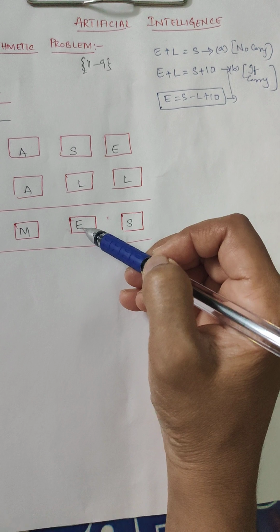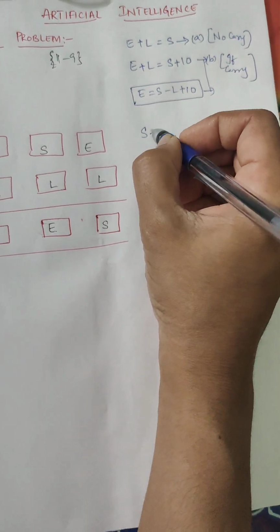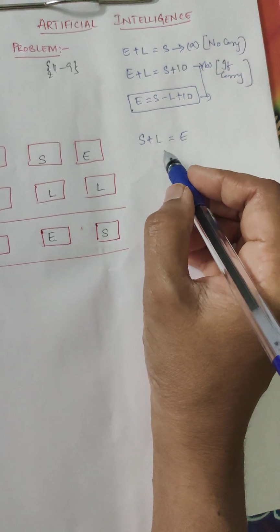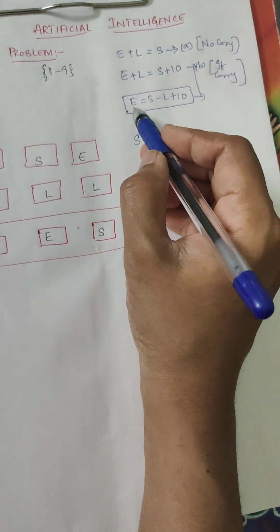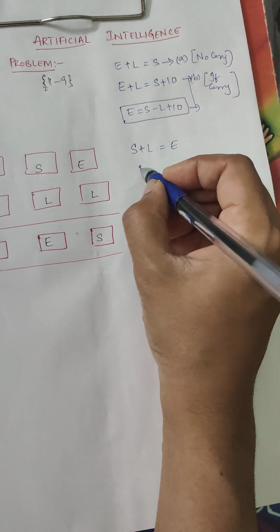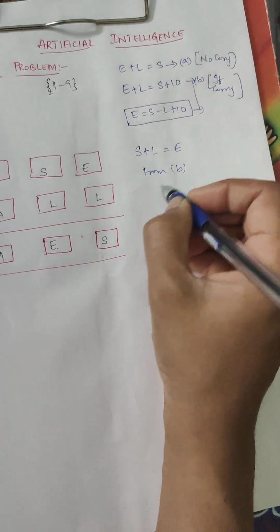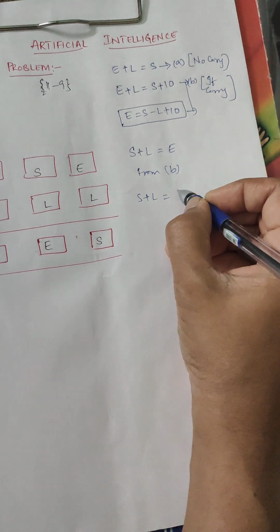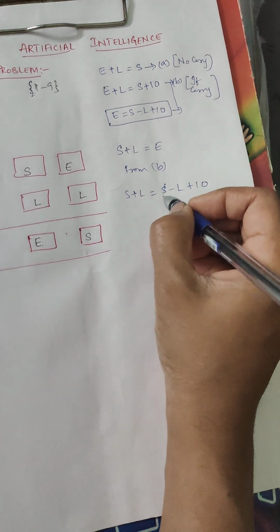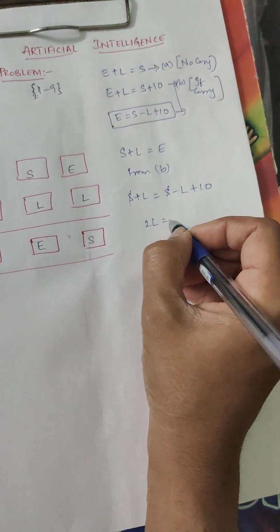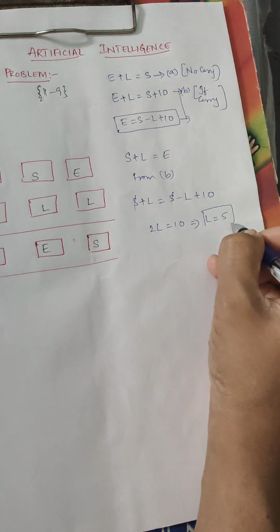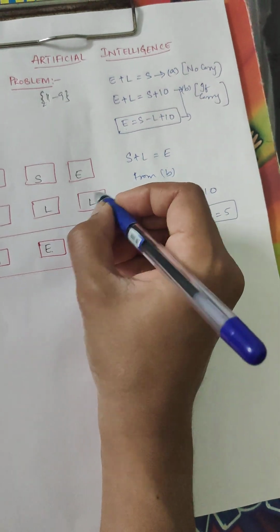S plus L is equal to E. So what I can do now is, I have the value of E, I can supply it into this equation. From B, S plus L is equal to S minus L plus 10. S goes away, 2L is equal to 10, which is nothing but L is equal to 5. So we got the value of L to be 5 here.